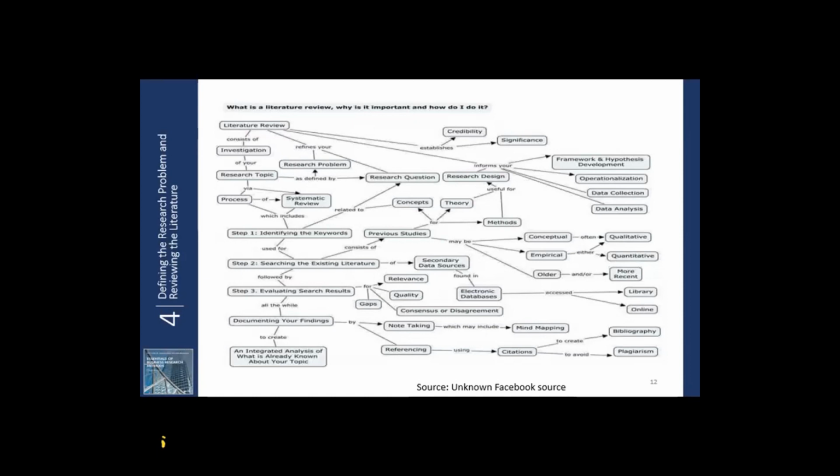And then, via a process that includes identifying the keywords. Now, when you are doing your literature review, there must be keywords that drive the review. And most of the keywords are coming from your research questions or research objectives.